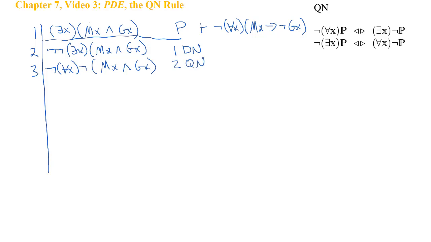Now we can do a De Morgan's on the interior portion of that formula. So we'll get not all x, that stays the same, not Mx or not Gx.